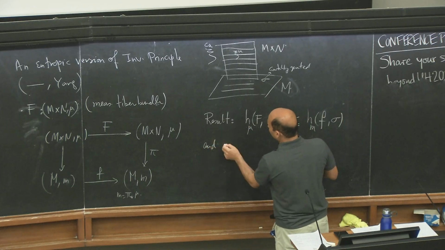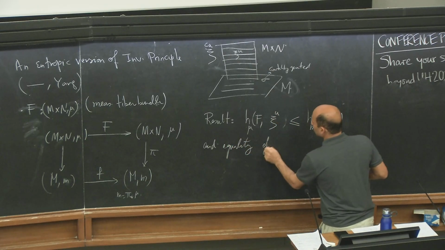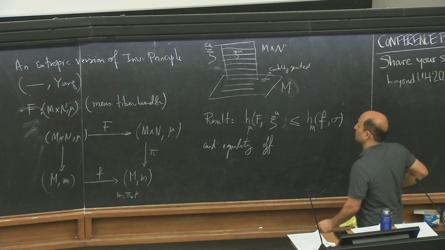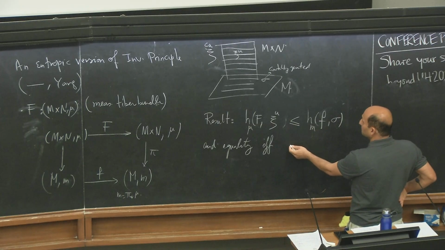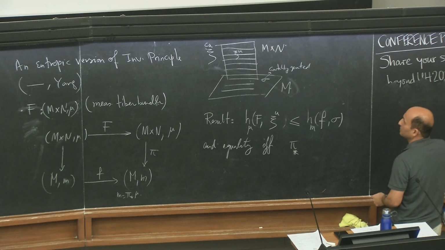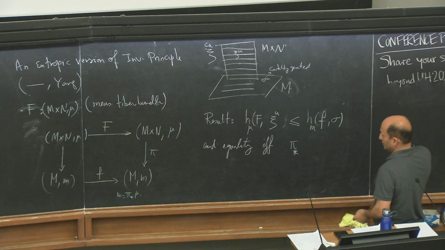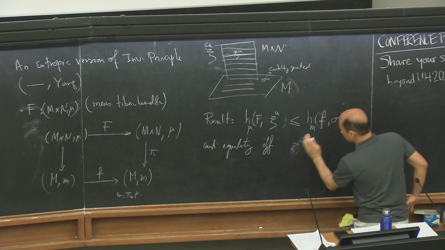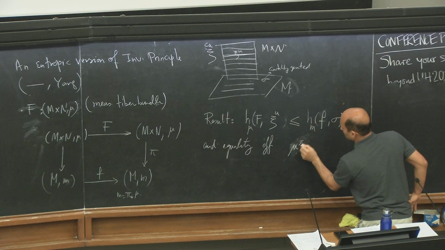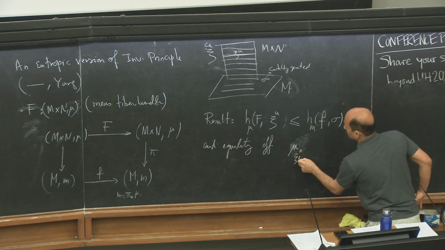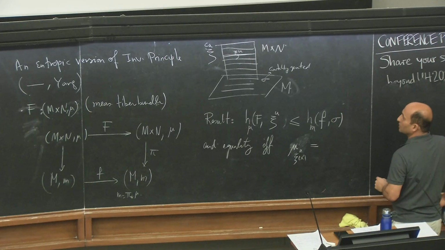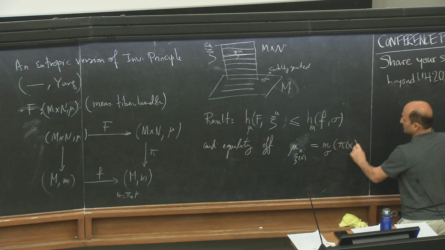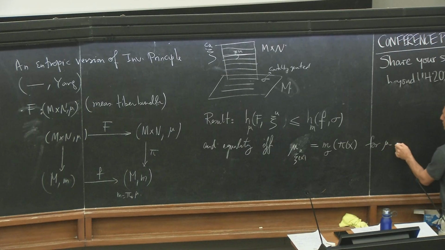And equality occurs if and only if your measure is really a kind of product measure: if and only if mu conditioned on psi U of x is equal to m conditioned on sigma of pi of x for mu almost every x.